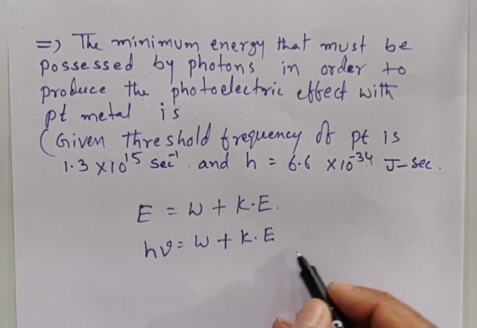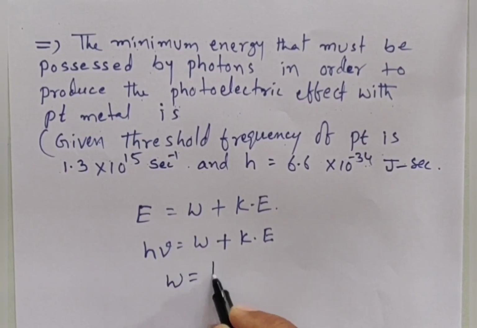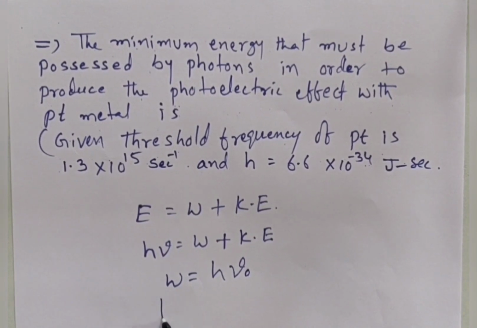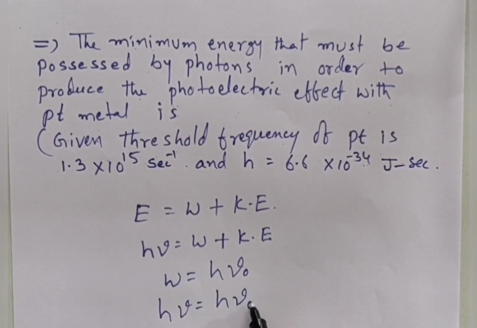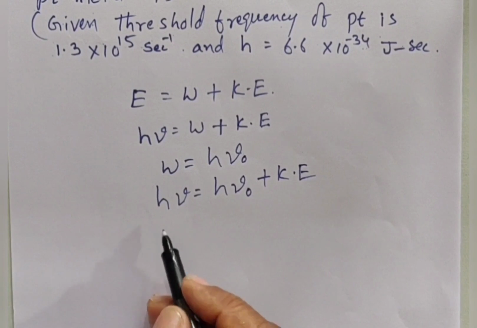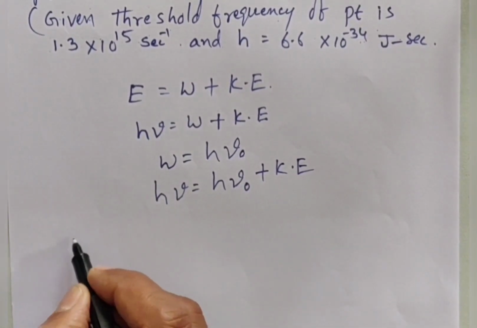Now here W is equal to h nu naught, threshold frequency. Then h nu is equal to h nu naught plus kinetic energy, right?